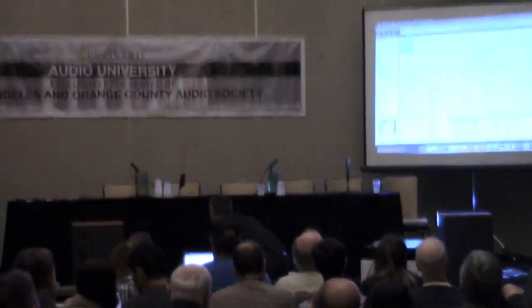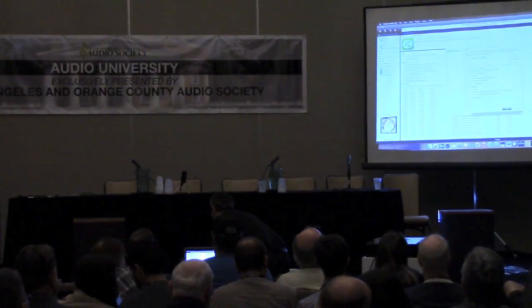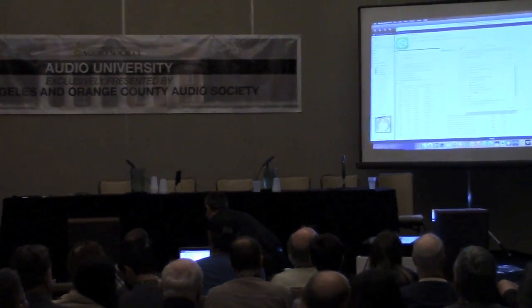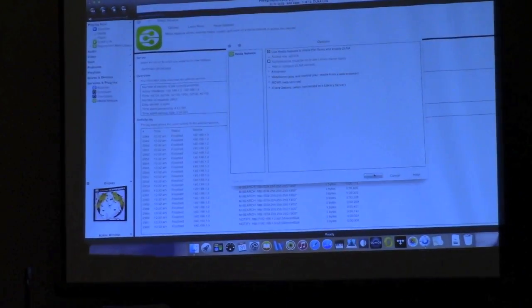Yes, sir. JRiver does handle DSD. Let me show you what you can do there. That's a great question. I'm moving really fast, so let me start again and go slow so you can see what I'm doing.